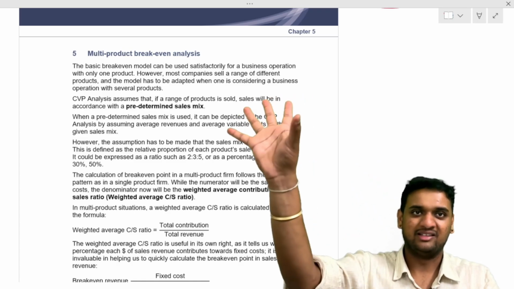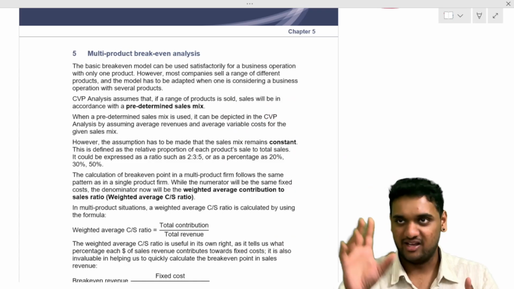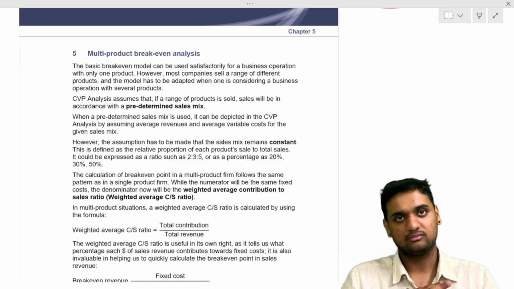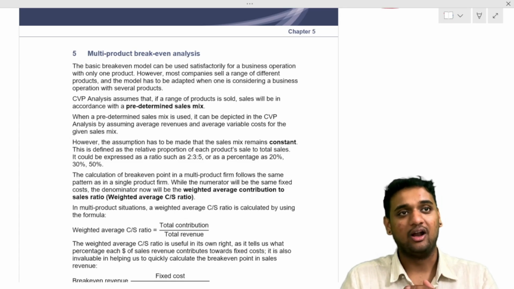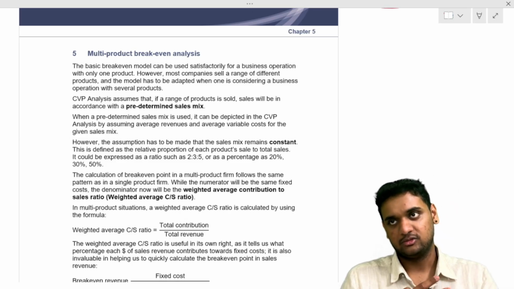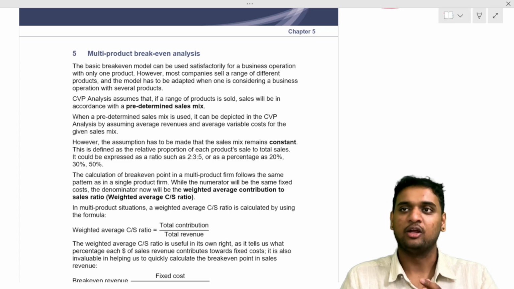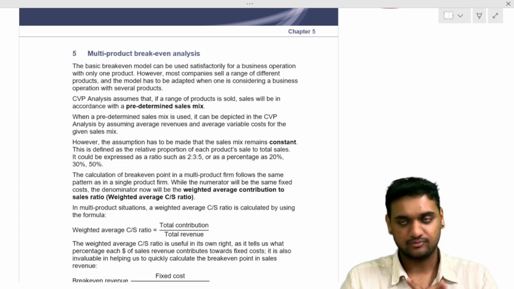So fixed cost will remain the same. There will be no change in fixed cost. Below, in the CS ratio, the change is going to come. Instead of finding CS ratio, we will find something called weighted average CS ratio. I will tell you how to find it. Very easy.